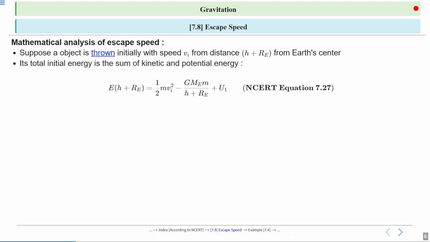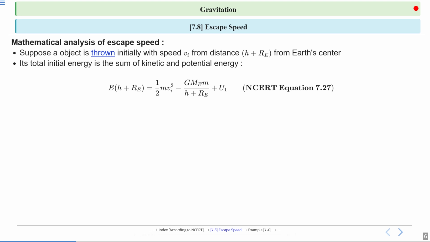So the total initial energy of the object is the sum of its kinetic and potential energy. The equation is E of (h plus re) is equal to half m vi square minus G me m divided by (h plus re) plus U1.